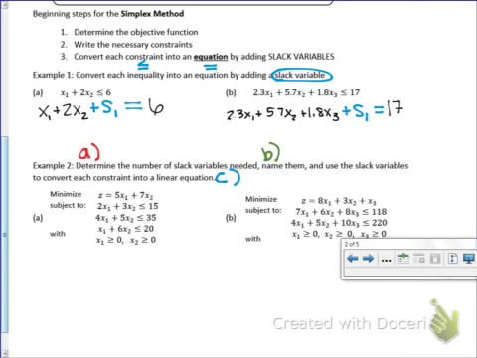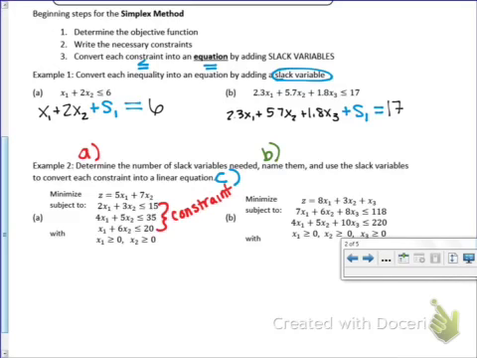Okay, so in part A, I look and it says minimize this function subject to these 3 constraints. Now there's going to be a slack variable per constraint.